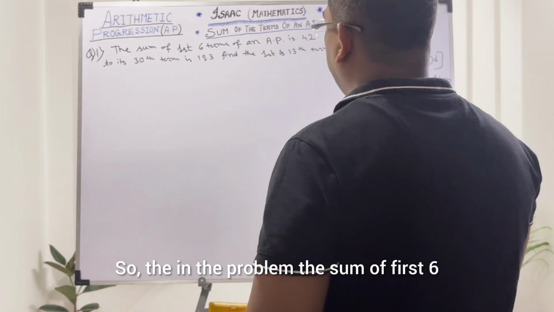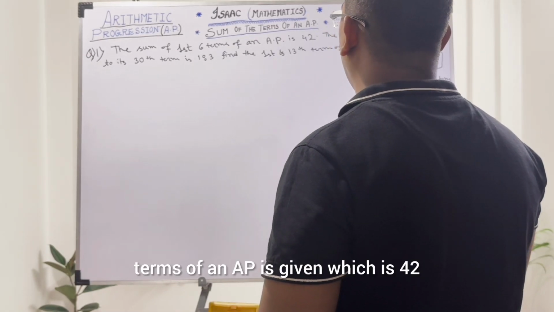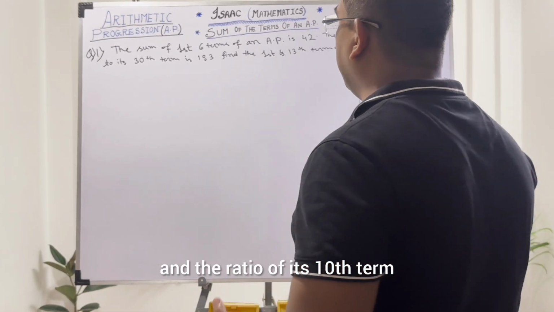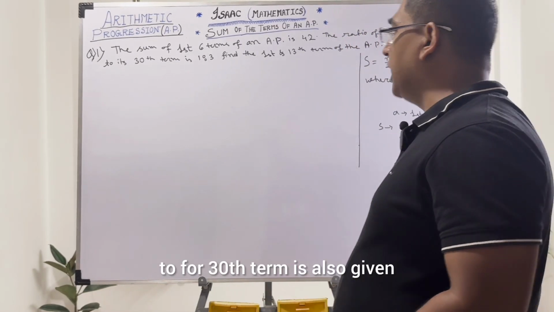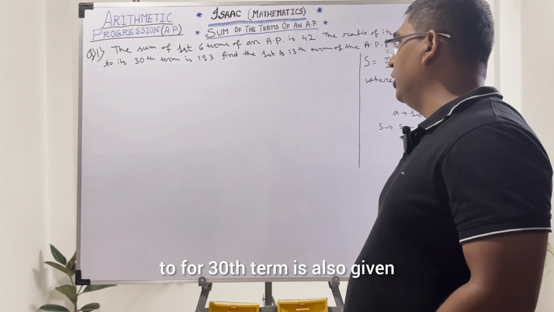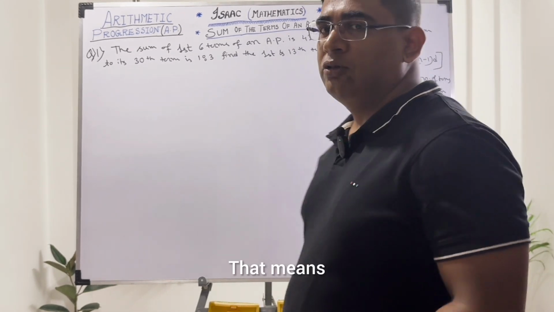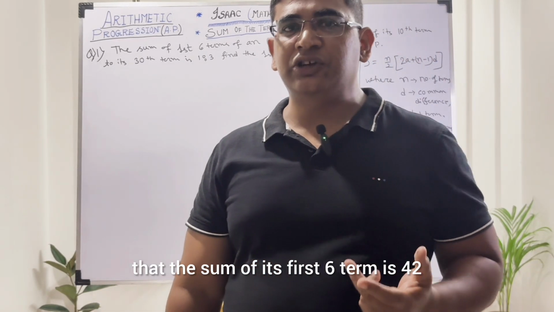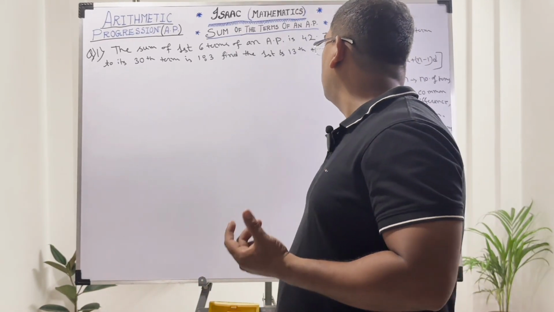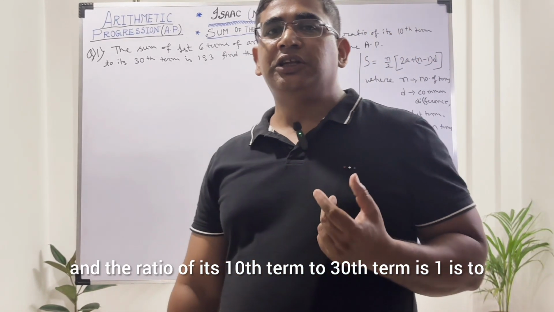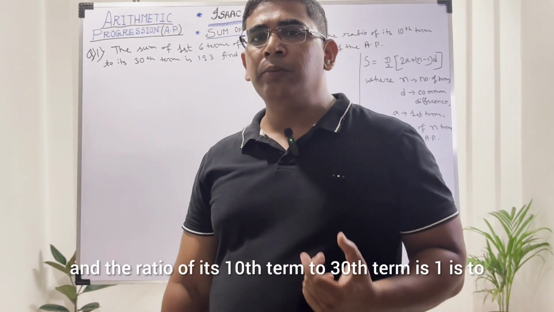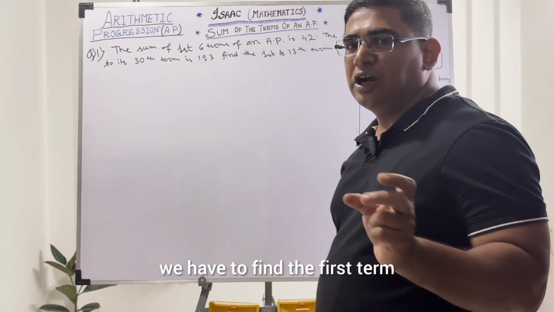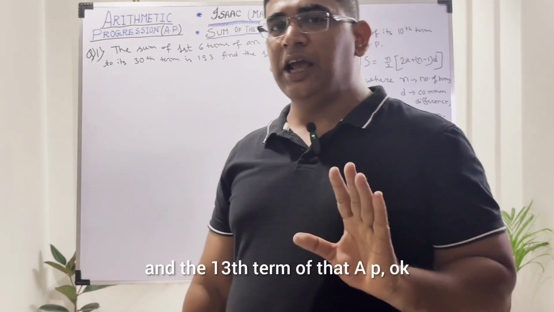In the problem, the sum of the first 6 terms of an AP is given, which is 42, and the ratio of its 10th term to its 30th term is also given, which is 1:3. We have to find the first term and the 13th term of that AP.